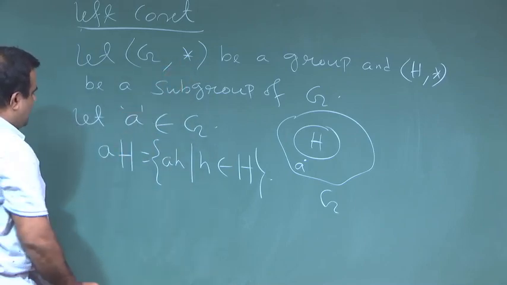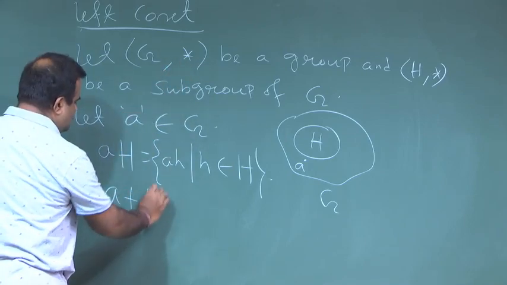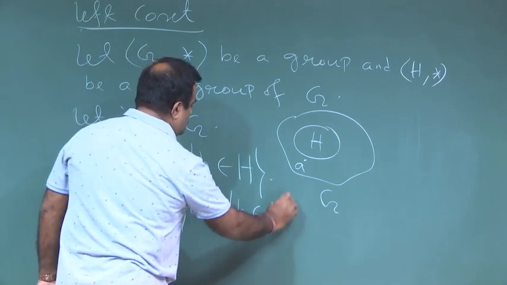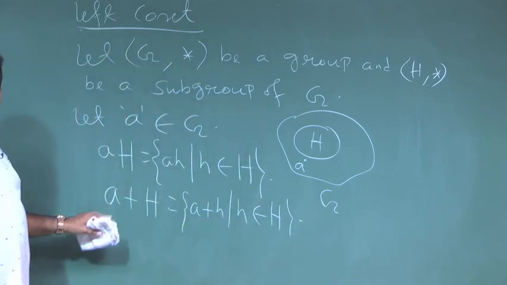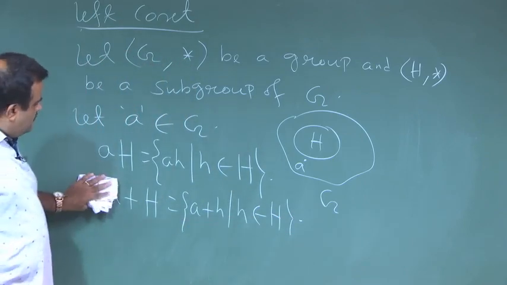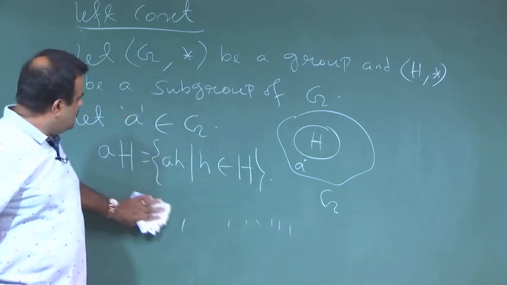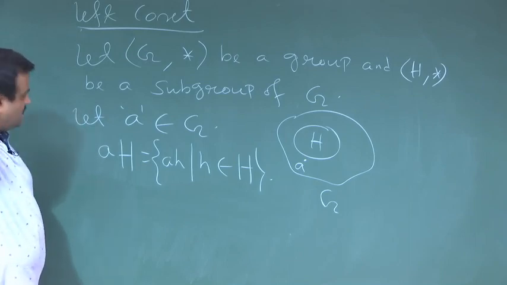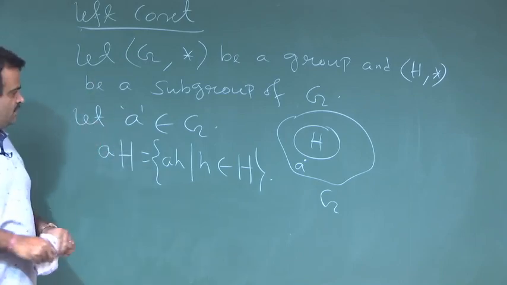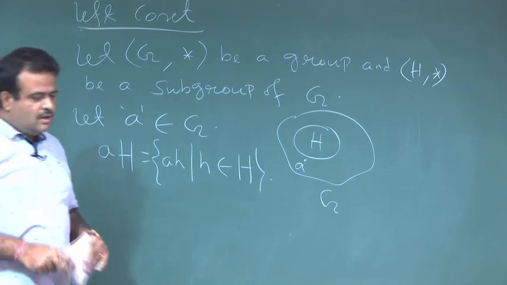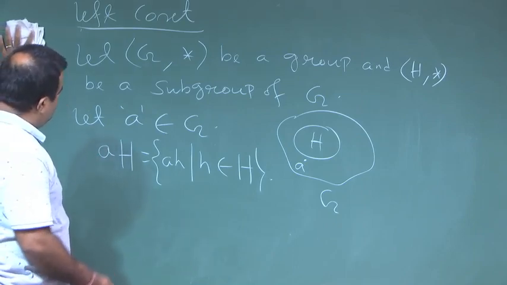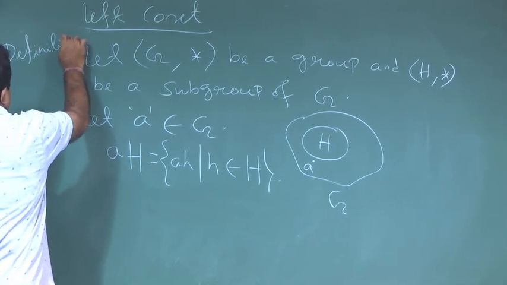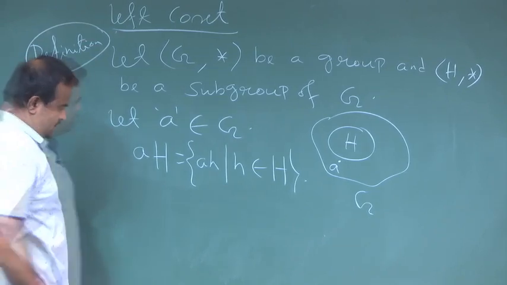Now, if star is in the additive sense, this will be A plus H. But anyway, this is the operation. So, we will just take this notation and assume the star is in the multiplicative sense. Anyway, this is just a binary operator, it could be addition, it could be anything. So, this is the definition of the left coset.